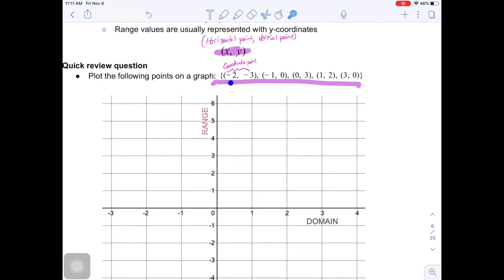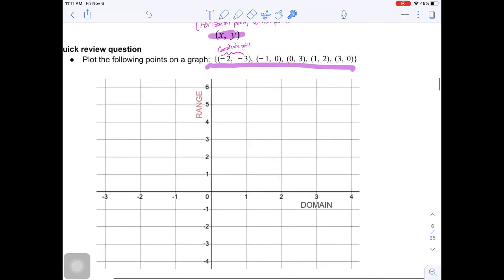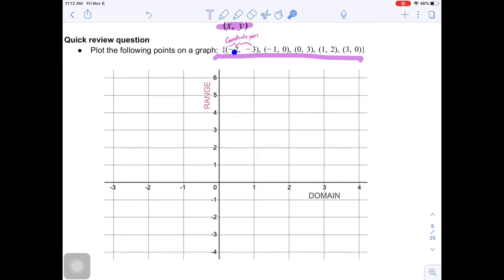So let's plot -2 and -3. When my x or my domain value is -2, my y value is -3. So I'm going to be right here. This is my -2 and -3 plotted on a graph.